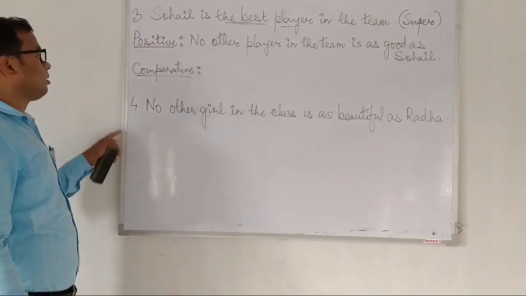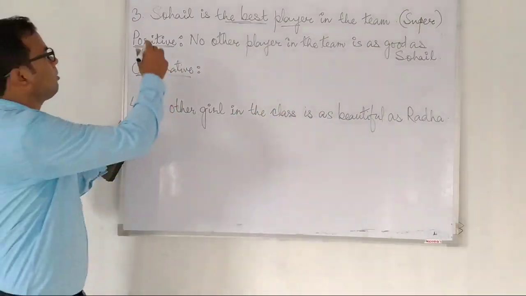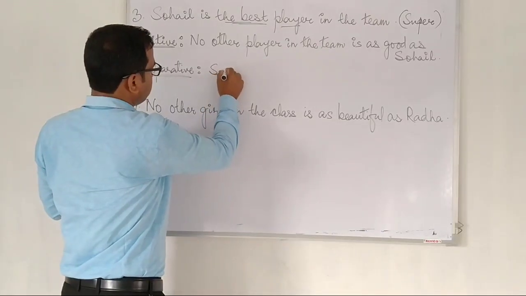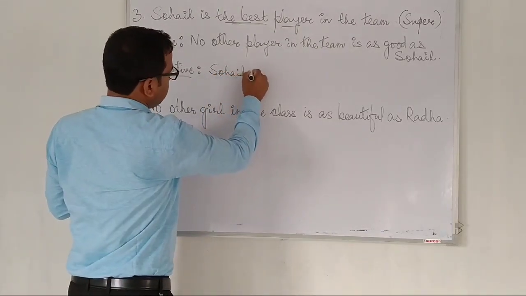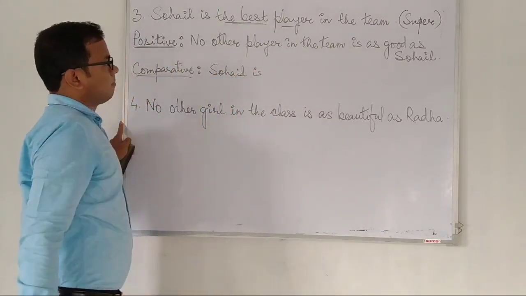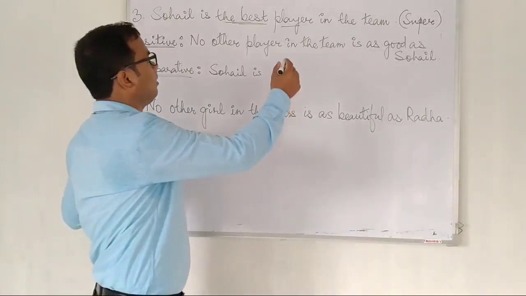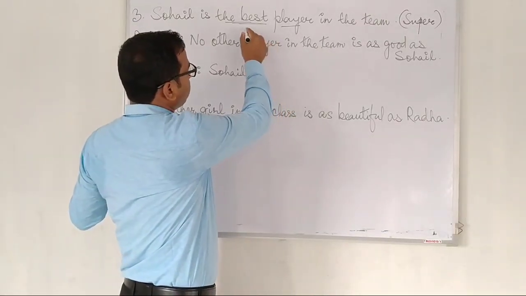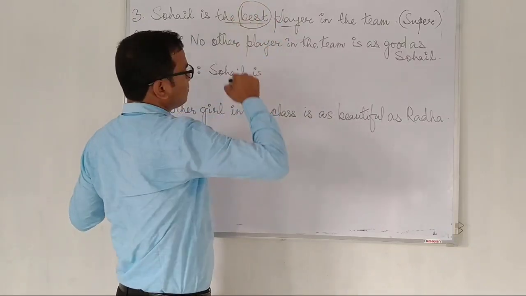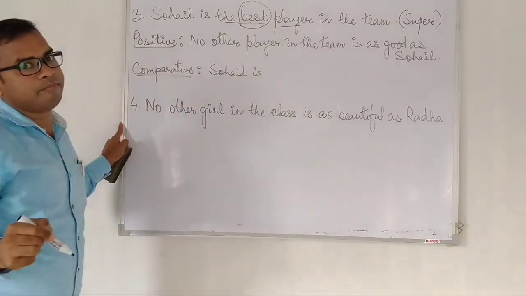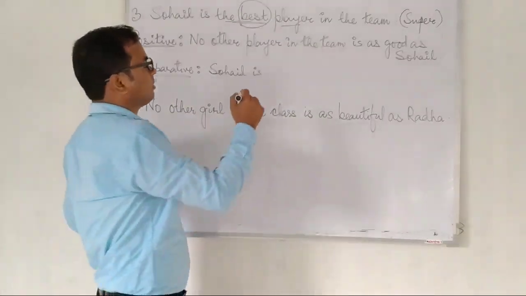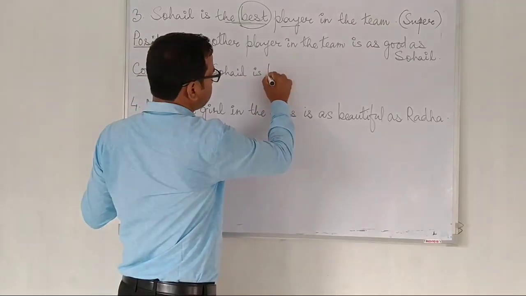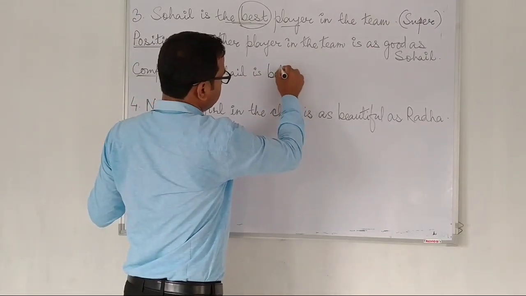Now let us make it comparative. So Sohail, S-O-H-A-I-L, Sohail is. What will be the comparative form of this adjective best? It is better. Comparative form is better. Sohail is better, B-E-T-T-E-R.